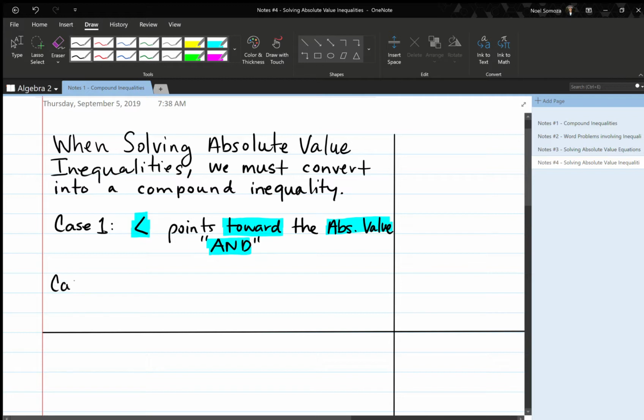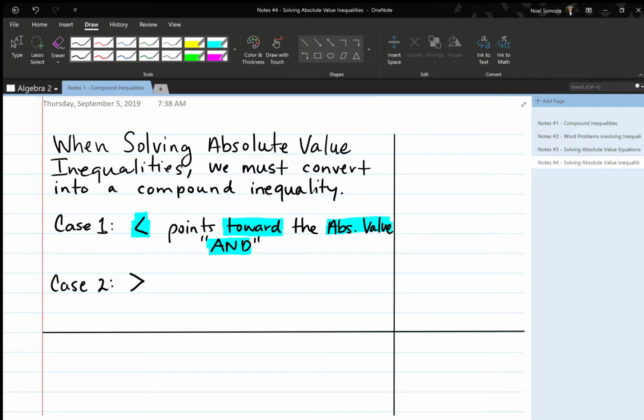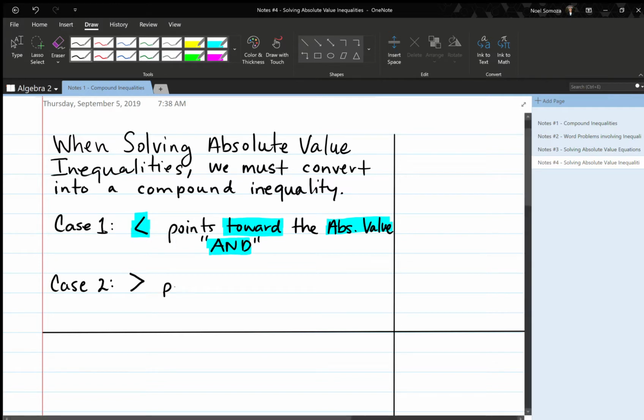So then the other case has to be if it points away. It could be a less than or equal to, but you're just looking at the direction of the arrow. So if it points away from the absolute value, then that becomes an or type inequality.